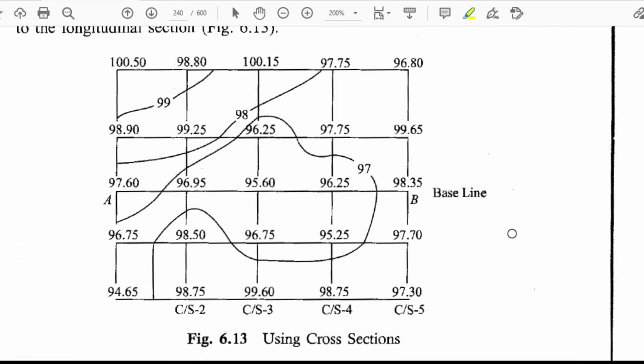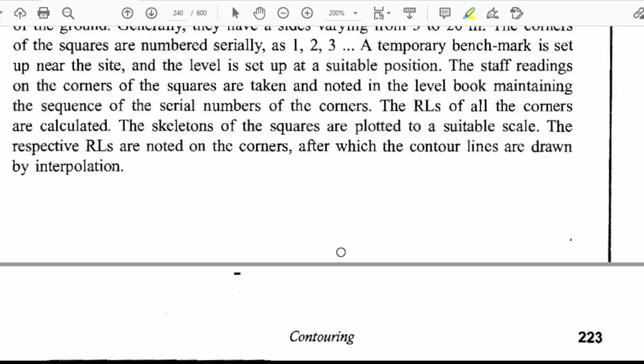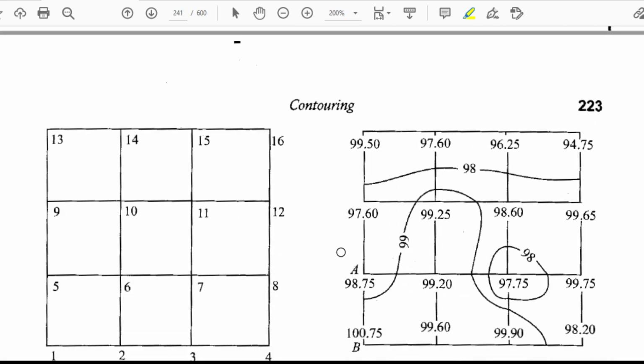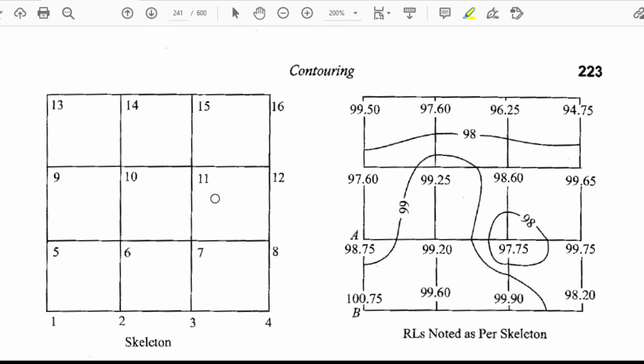This is the diagram for cross sections method. Here baseline and the center lines are assumed or drawn, and along this the perpendiculars, or the cross sections, are taken at regular interval. And in squares method, the area of a plot is divided into a number of squares of equal area.